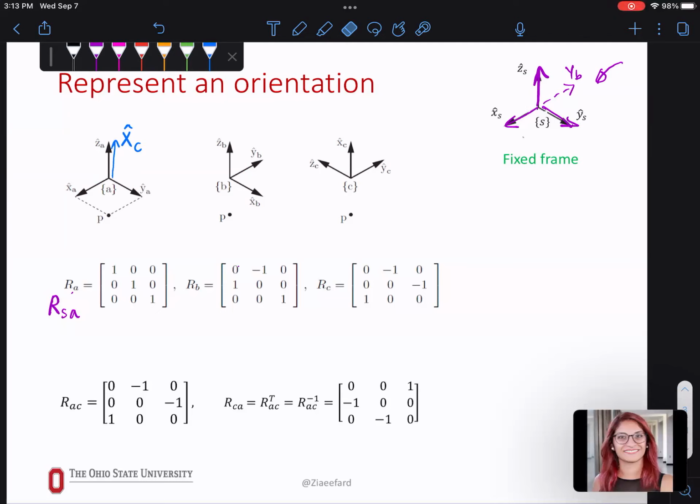If you have a rotation one way, you have the other way. You just have to do one math operation on it. So for 3 by 3 rotation matrices, we can say RCA is going to be RAC transpose, which is RAC inverse.